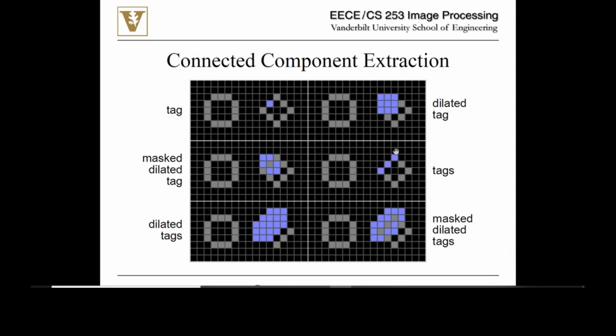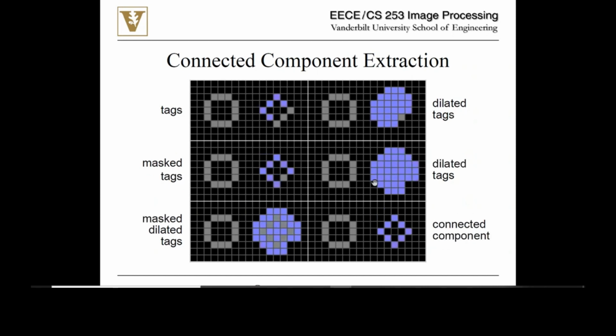And now I have a new set, and I can keep doing that. So you dilate, and now you condition to the original object. And now you have these two other pixels. And you keep doing that all the time. So dilate, condition, dilate, condition.